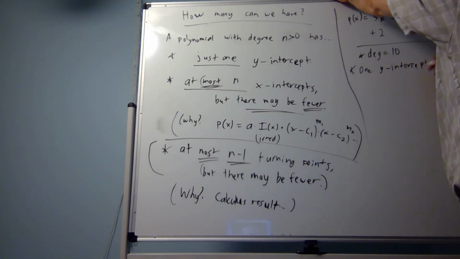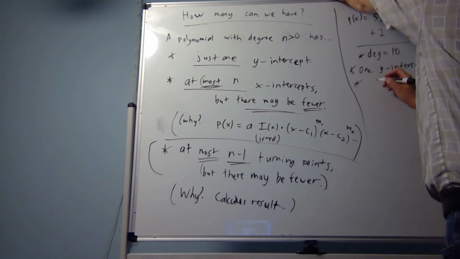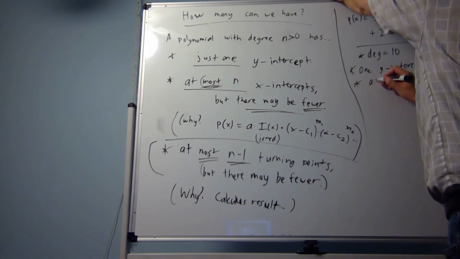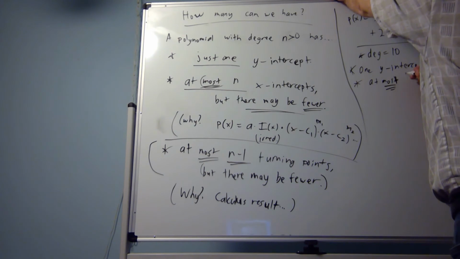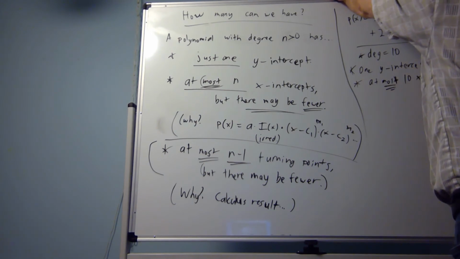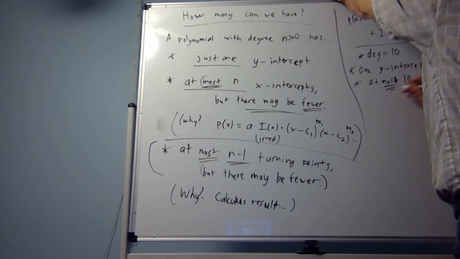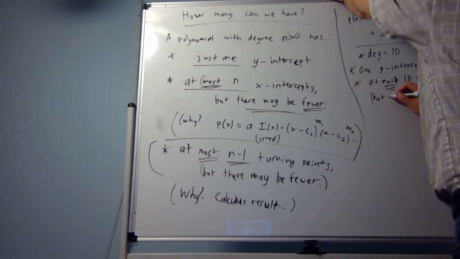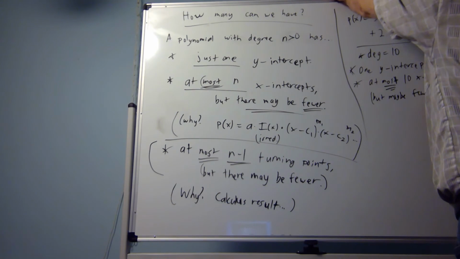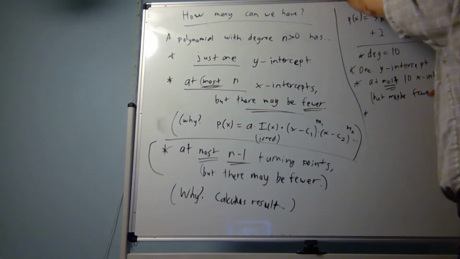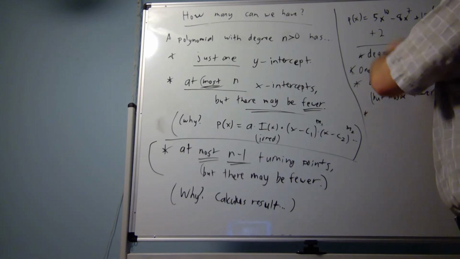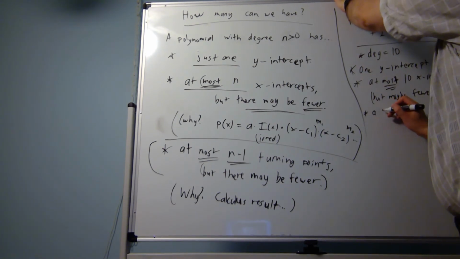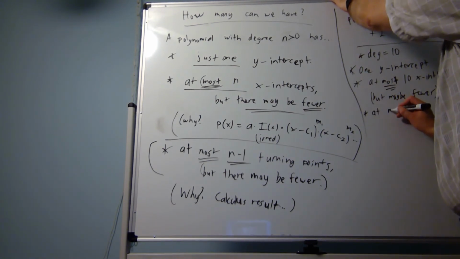1 y-intercept. X-intercepts are the ordered pair on the graph, and then the x value of that ordered pair is called the zeros.